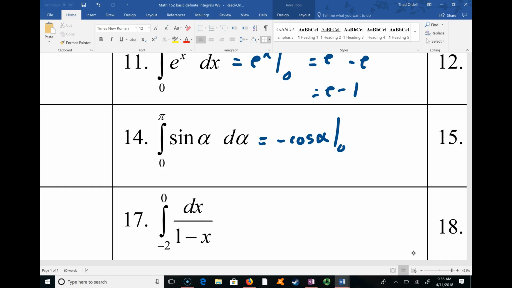And I'm going from 0 to pi. What's cosine of pi? It's negative 1, isn't it? So that'd be 1 minus, what's cosine of 0? One, so that'd be minus a negative 1.